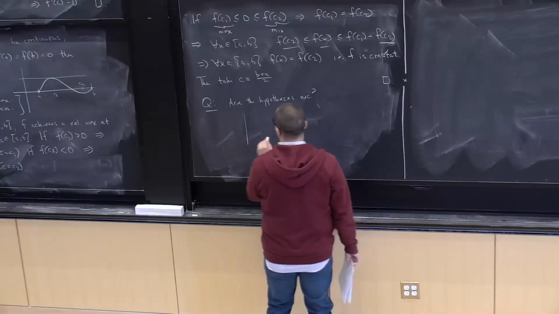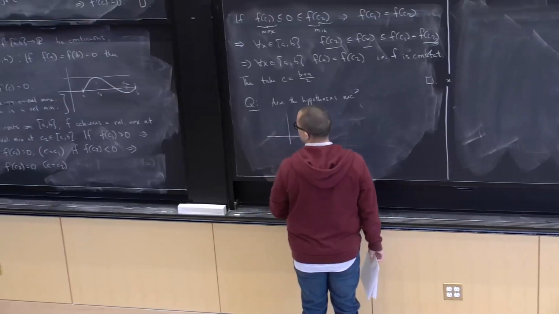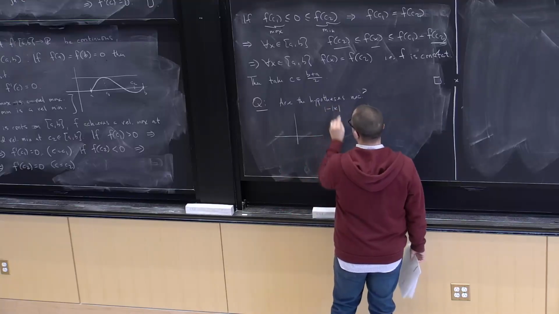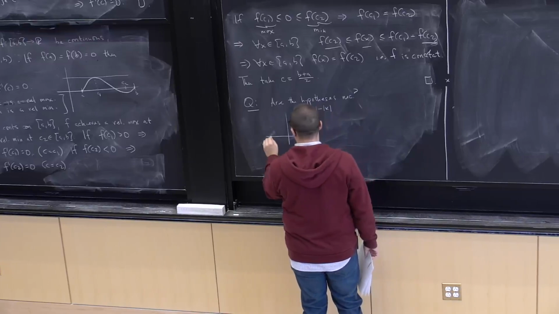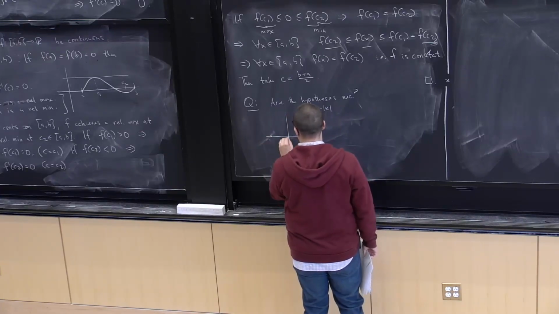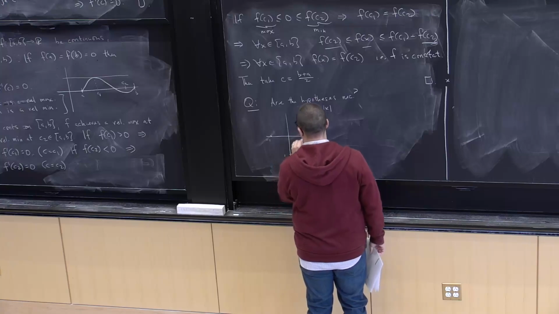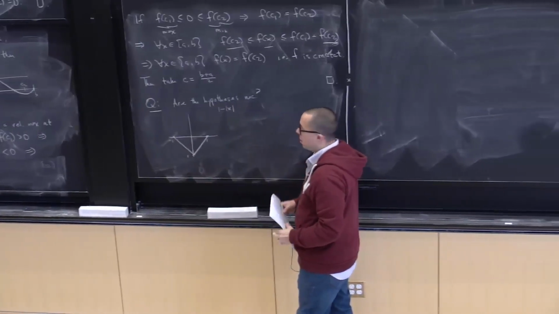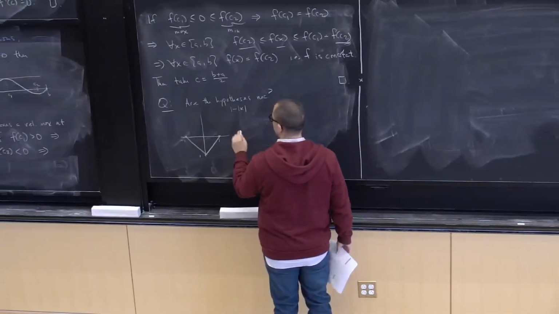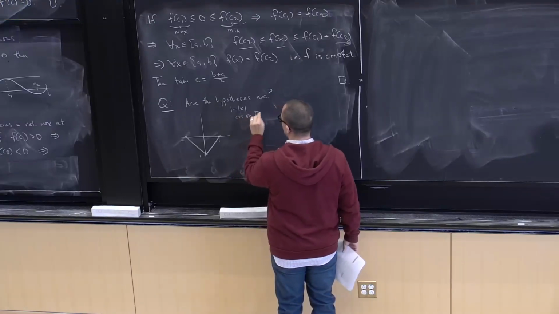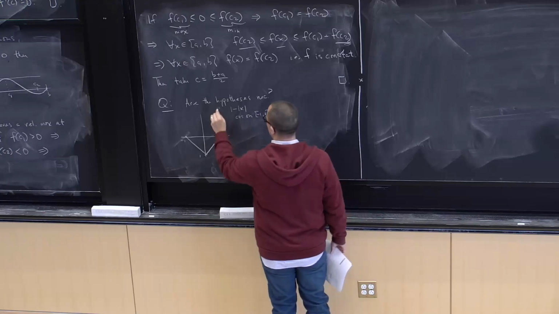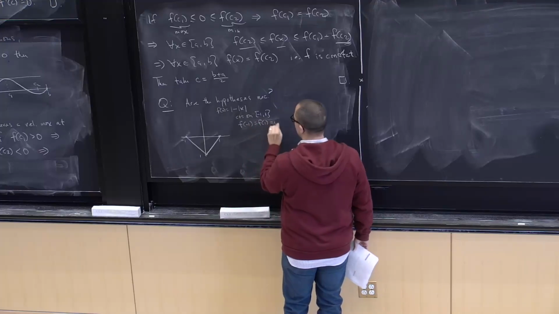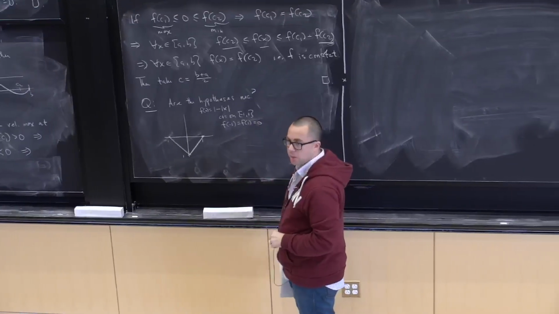So, for example, let's say I look at the function 1 minus the absolute value of x, on minus 1, 1. This is a continuous function on minus 1, 1, and f of minus 1 equals f of 1 equals 0, but there is no point where f prime of c equals 0.